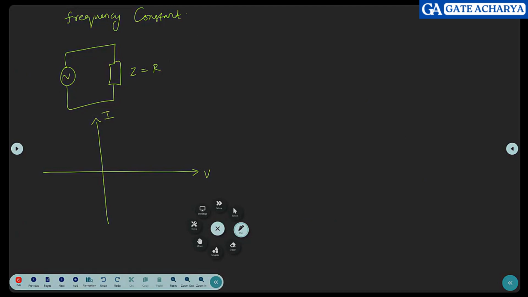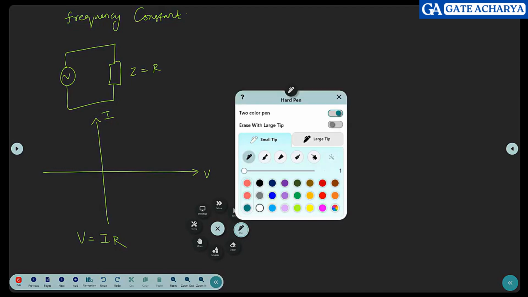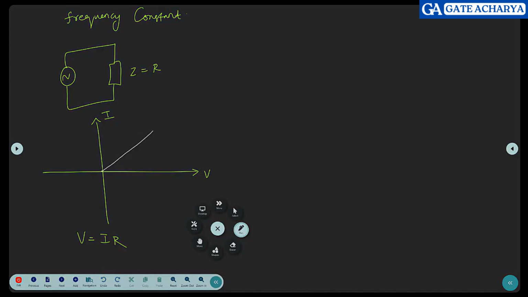If it is just a resistor, if the voltage increases, current increases. What is the governing equation? V is equal to I into R. So the graph will look like this. When I increase the voltage positively, my current will increase positively. When I increase the voltage negatively, current will increase negatively.